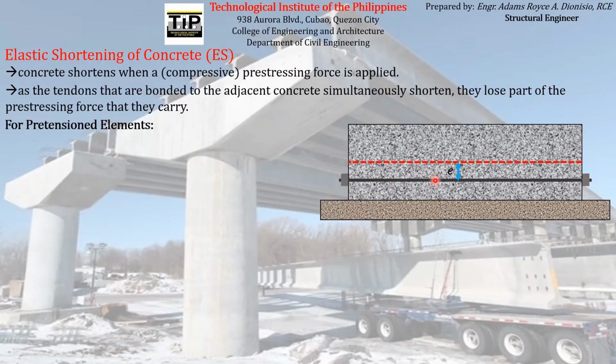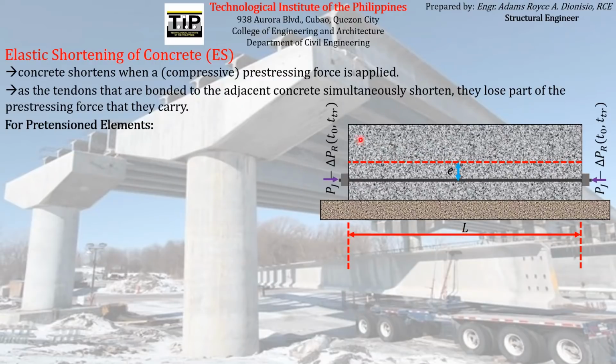Therefore, the prestressing force is now being transferred from the prestressing reinforcement to the concrete element. You can see here that the concrete element is still fully supported all throughout the length. Let us just call the length of the concrete element length L.